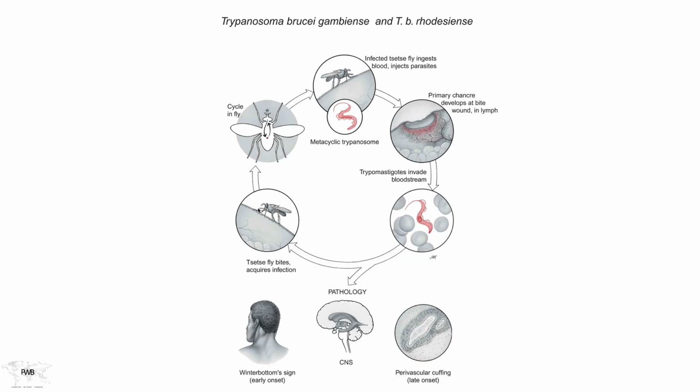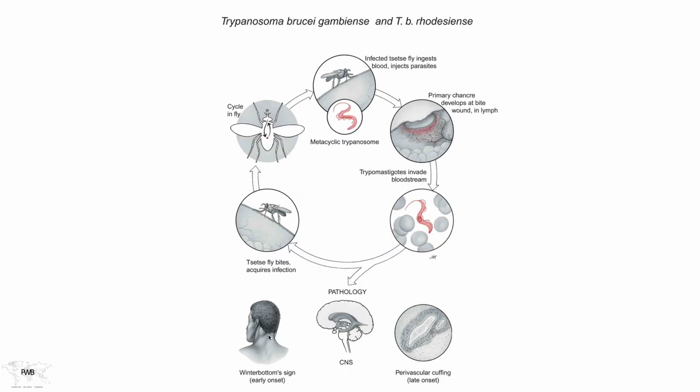This has grave consequences for the host, of course, and induces a stupor in the patient, which results in lethargy and hence the name sleeping sickness, because a lot of people with this infection in the late stages are unable to actually develop enough energy to even get out of bed. The cycle continues when an uninfected tsetse fly bites an infected individual, acquires the trypomastigotes, and then the cycle begins inside the tsetse fly itself, which we'll get to in a little while.